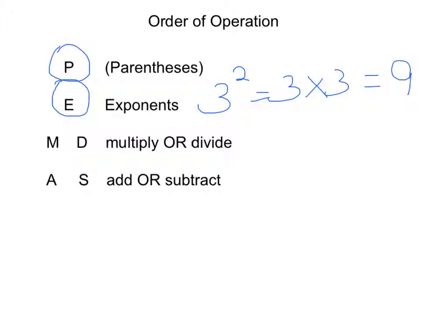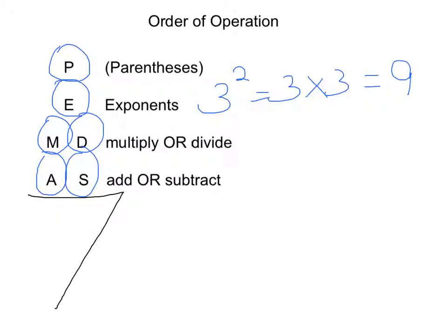Then, in the next layer of our ice cream cone, we have multiply and divide. It's whatever comes first. And then the same goes for the very bottom. We have add or subtract. It's whatever comes first. Just like an ice cream cone, guys, if you only eat one side, then the ice cream is dripping down your hand and making a mess.